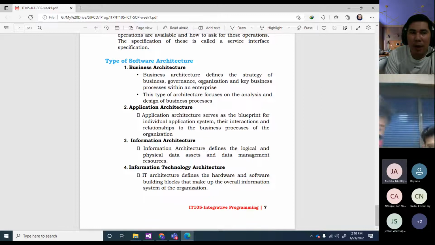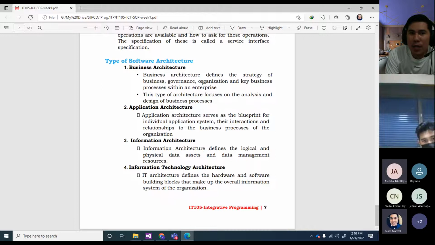The company will have the autonomy to choose whatever you have provided. Most likely we can give them three alternatives: standalone, online, or both standalone and online, or anything that you can develop as a team that can address the problems identified within the company's processes. So that is business architecture.